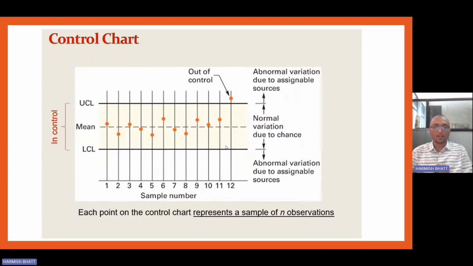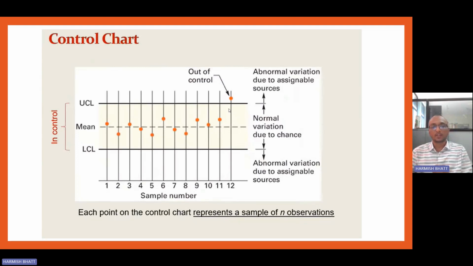In the same way, for all 12 lots, the points are plotted. Likewise, the mean values of all the n items of all the samples will be plotted over here.